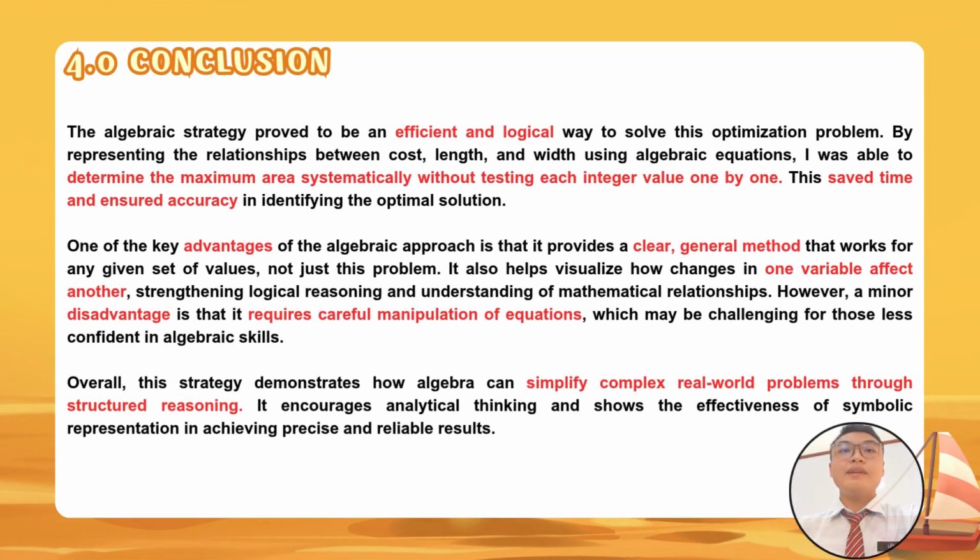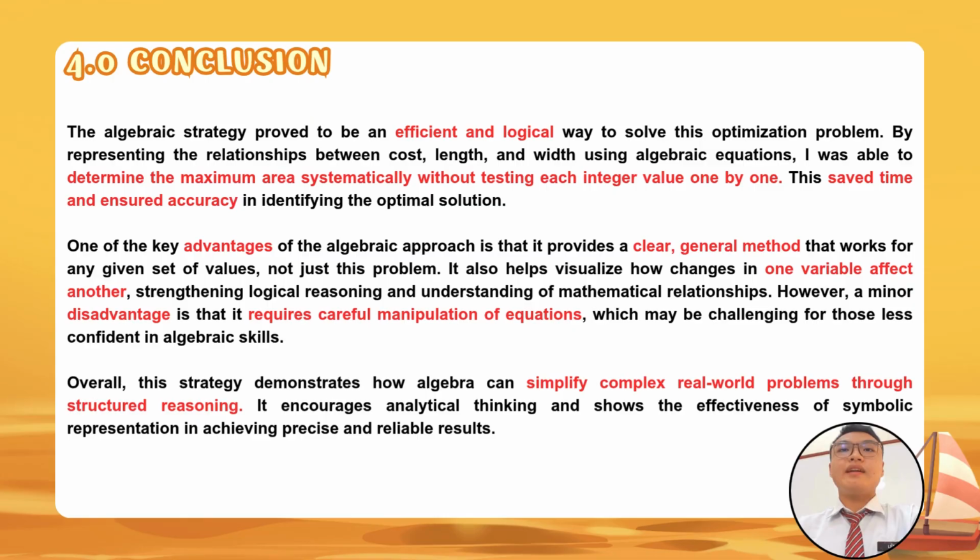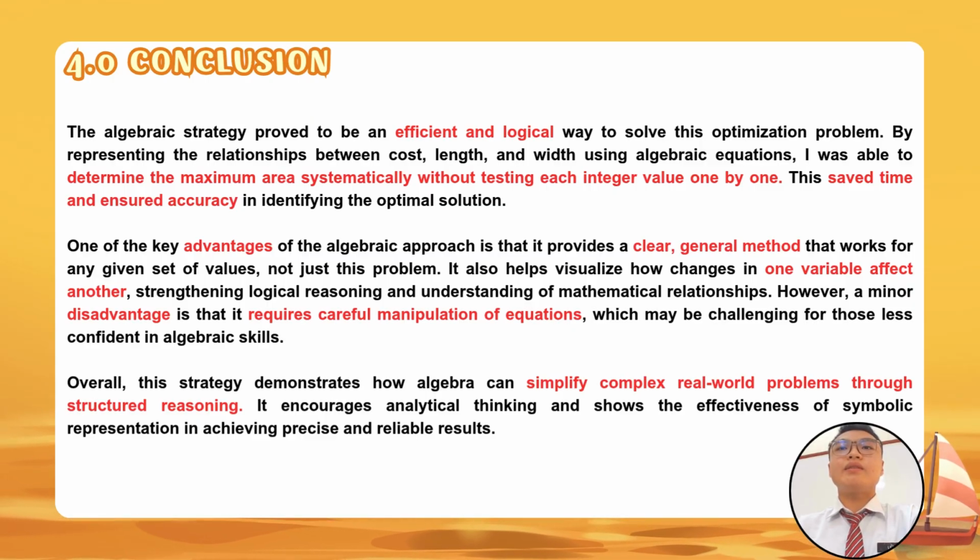In conclusion, the algebraic strategy is an effective and logical method for solving this problem. It allowed me to determine the best dimensions accurately without testing each integer value one by one, saving both time and effort. The advantages of this approach are its accuracy, efficiency, and ability to show how one variable affects another.